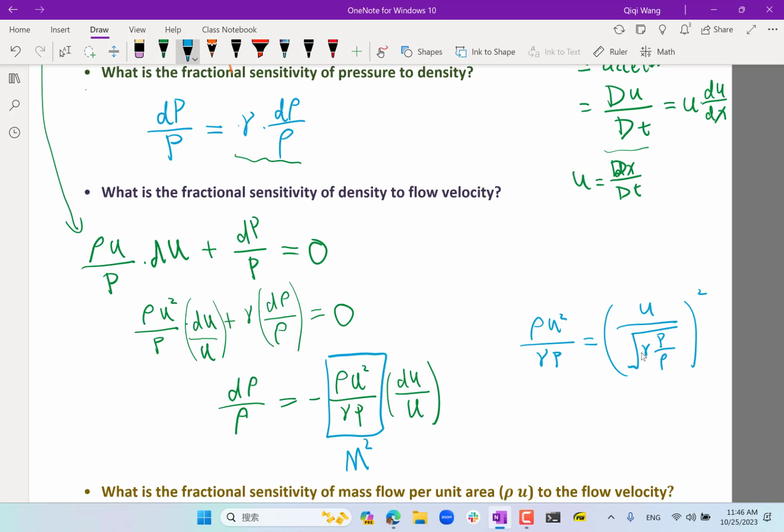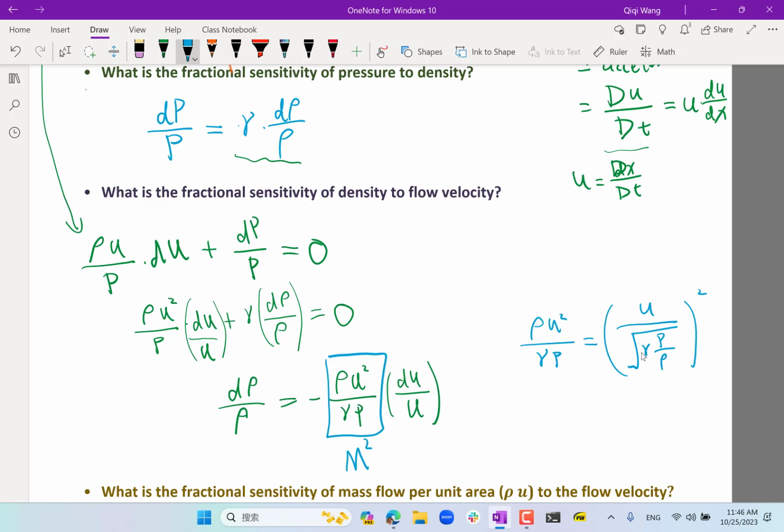But let's talk about that later when we start to talk about unsteady flows and acoustics. And now we don't even care about this number being the speed of sound. Let's just think about this quantity, right? We call it the squared Mach number.